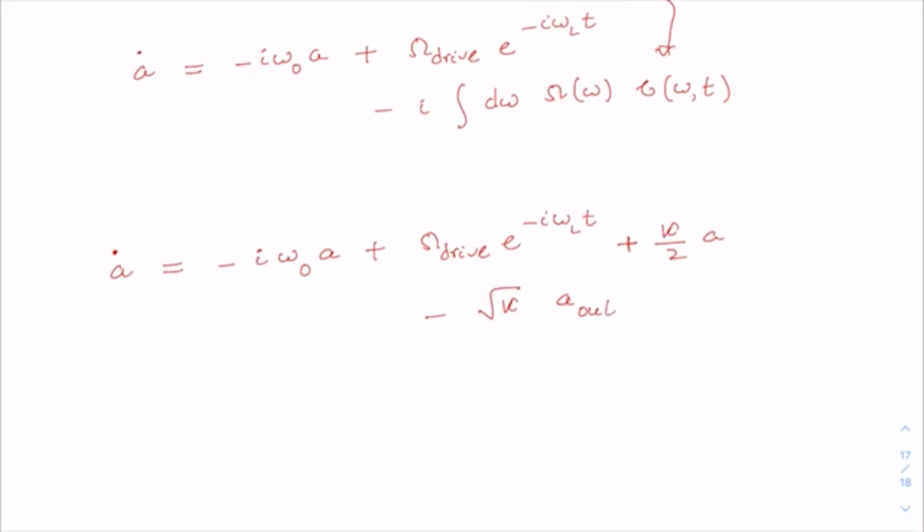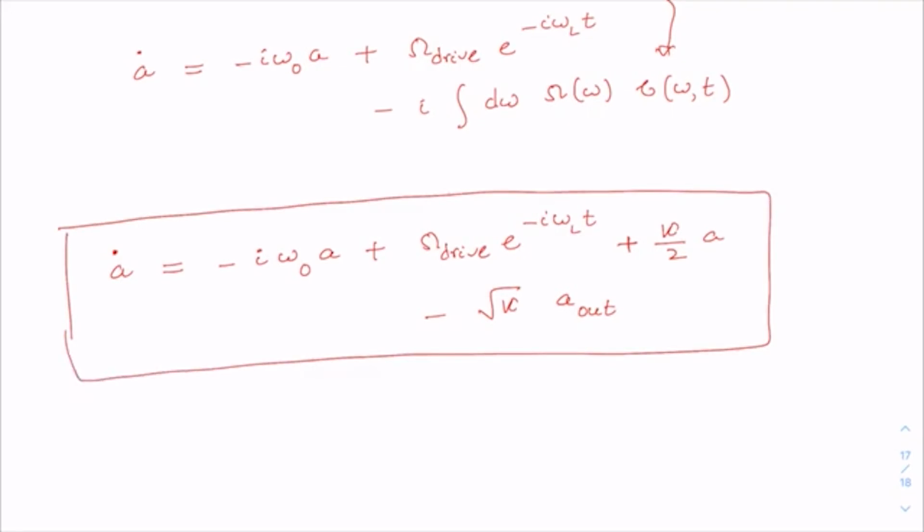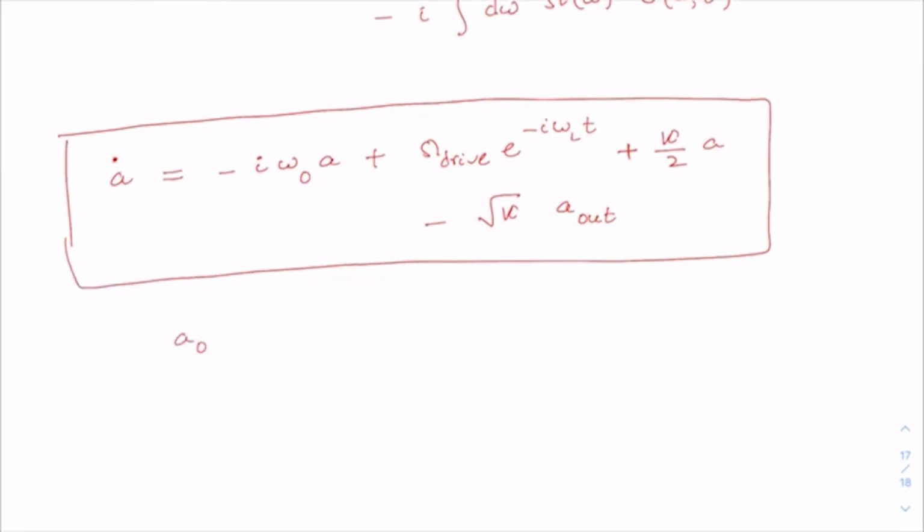Here I will define a new variable a out. Earlier we had a in, so here I am defining a variable a out, which is defined as a out is equal to, this is also Langevin noise, i by square root of 2 pi integration minus infinity to plus infinity d omega b of omega t1 e to the power minus i omega (t minus t1).